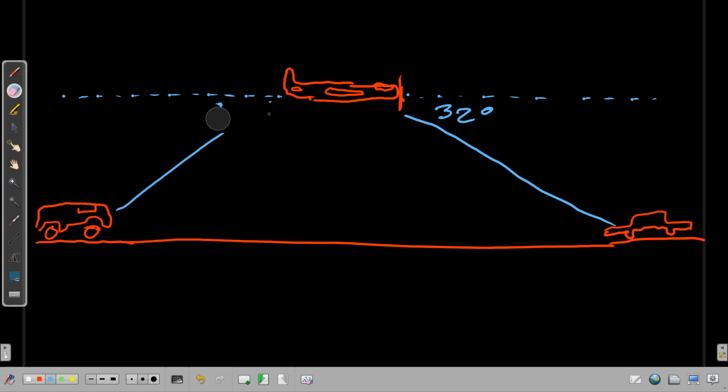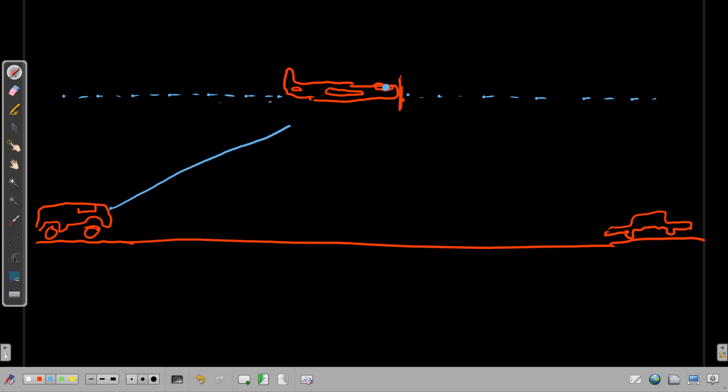What I really should have done here was bring these two lines together at the same point. So the witness is there, and this is 32 degrees, and this is 51 degrees. Okay, awesome.